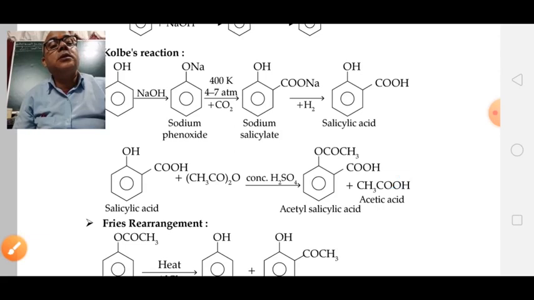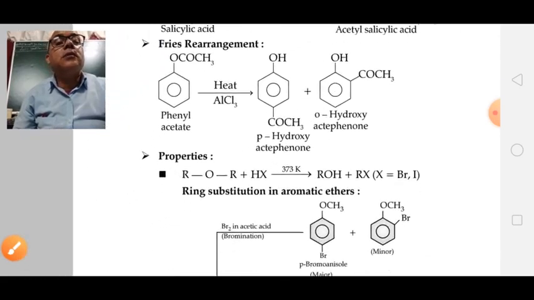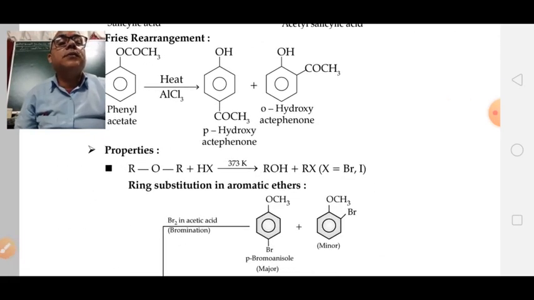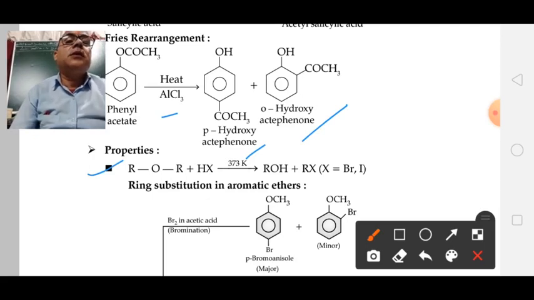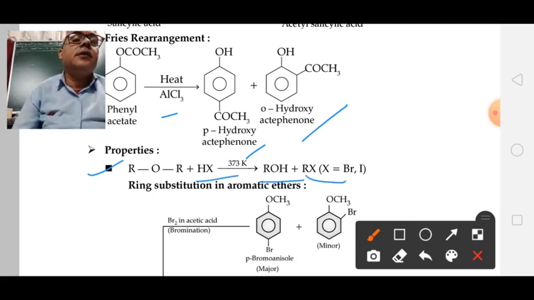Now you can see some other reactions. Here is phenyl acetate, which on heating gives ortho and para hydroxyacetophenone. Now the properties of ether you can see here. Ether reacts with alkyl halide to give alcohol and alkyl halide.